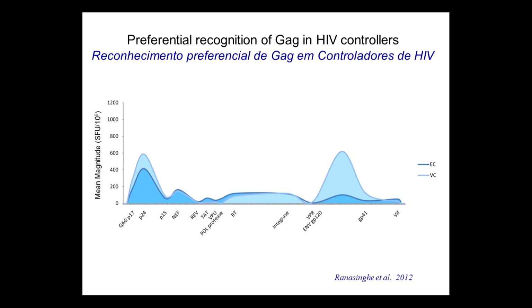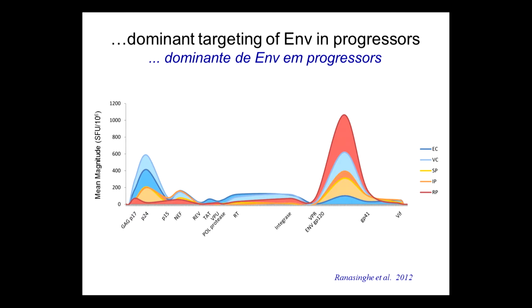In contrast, those that are not controlling viral load, that have very high viremia, don't have any responses here in the GAG region, but have quite strong responses against envelope. It looks almost like, by the level of control, a shift from GAG towards envelope, with better control targeting GAG and no control targeting the envelope region by the HIV-specific CD4 T cells.